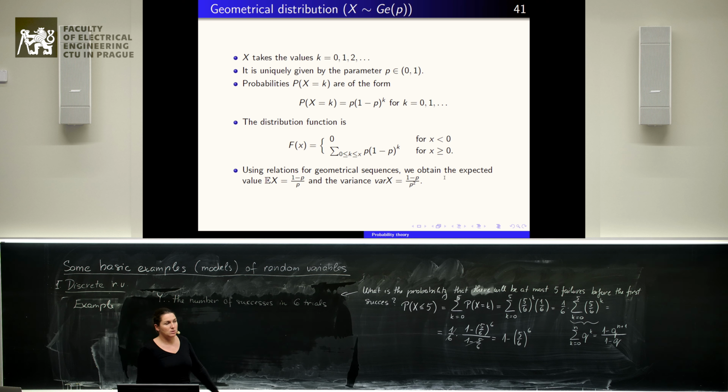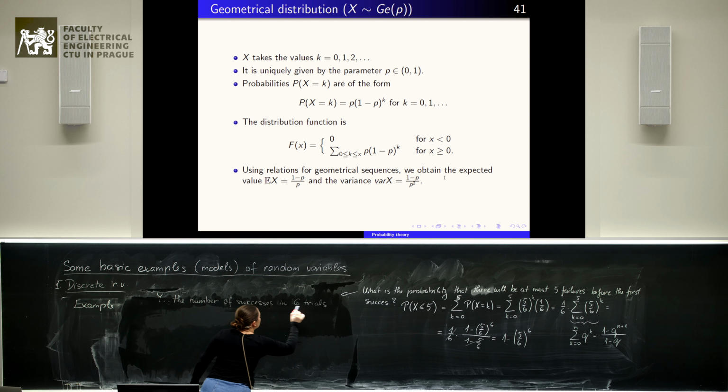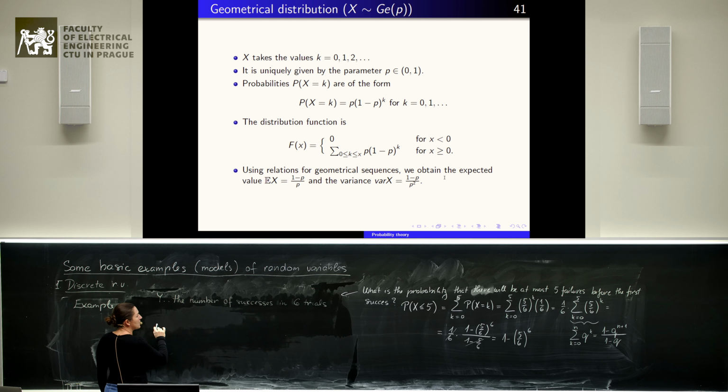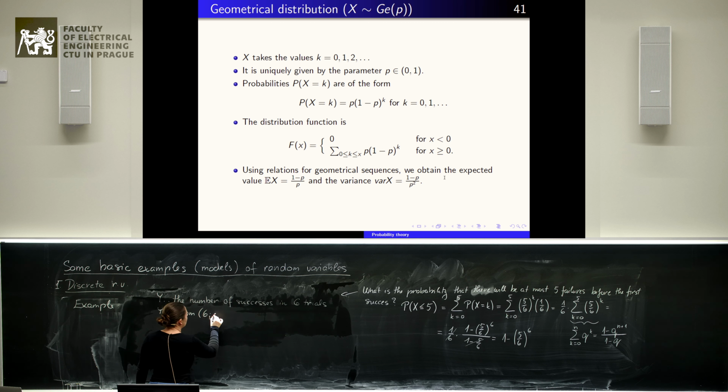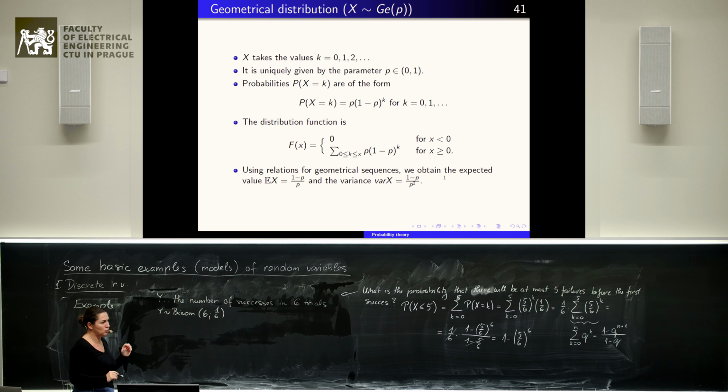Why? Because at most 5 failures before the first success means that we can have 5 failures, but in the 6th trial there must occur the success. Y has binomial distribution with the parameters 6 and 1/6. 6 trials, 1/6 the probability of success in each trial.